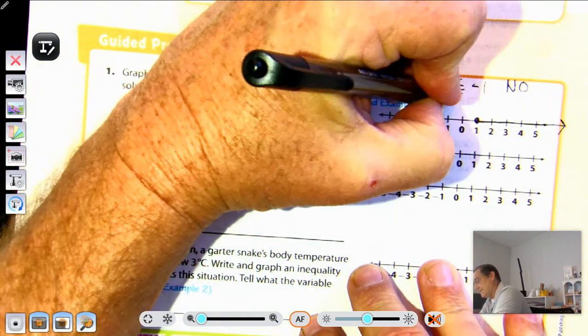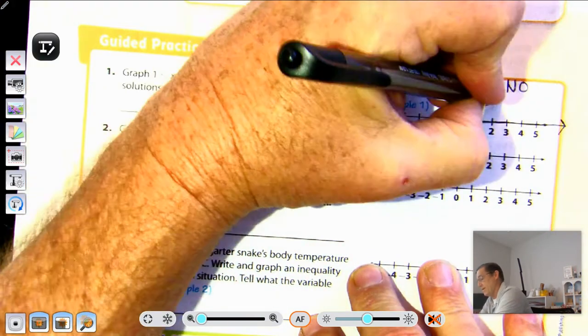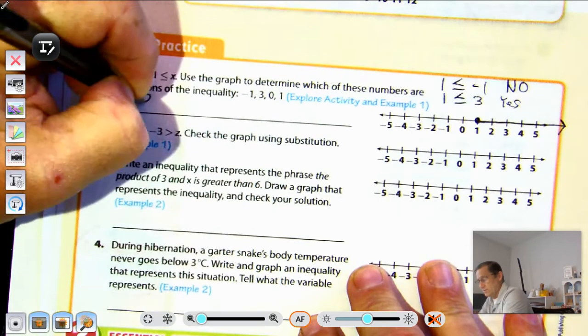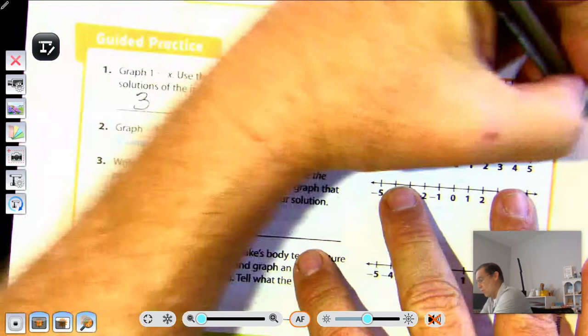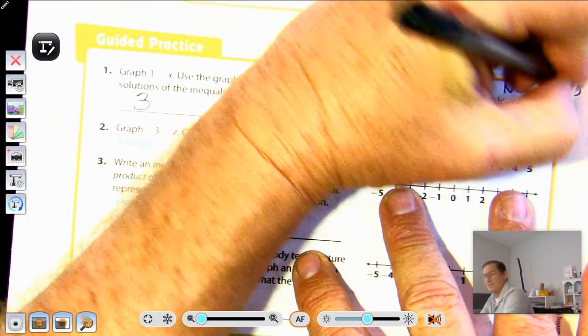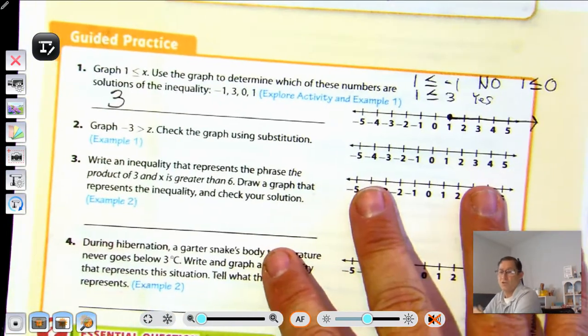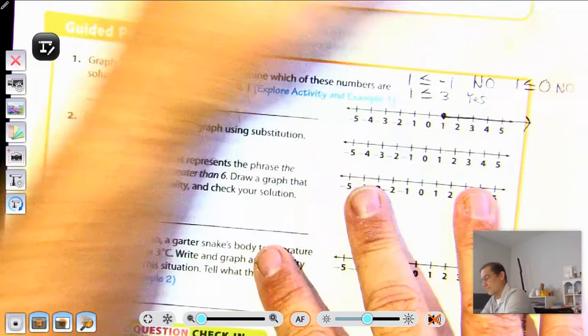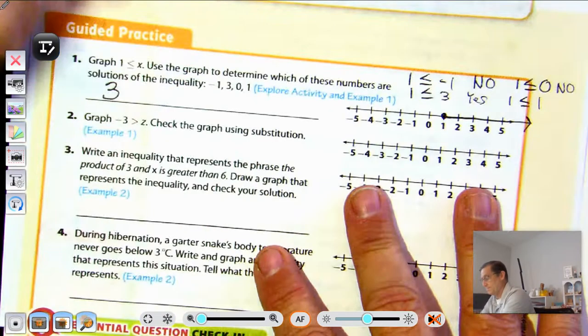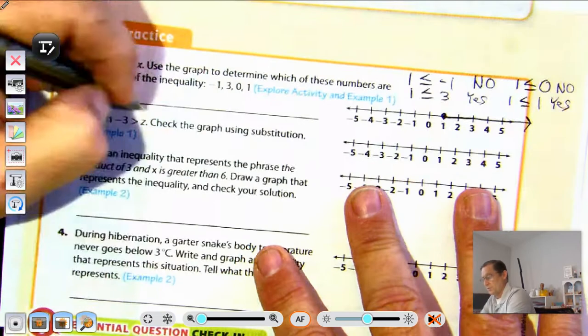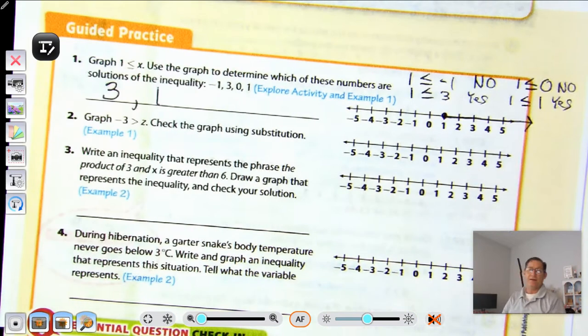Is 1 less than or equal to 3? Yes. So 3 is a solution. 0. Is 1 less than or equal to 0? No. Is 1 less than or equal to 1? Yes. So our solutions are 3 and 1.